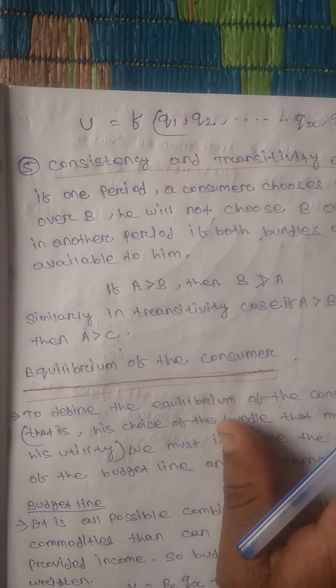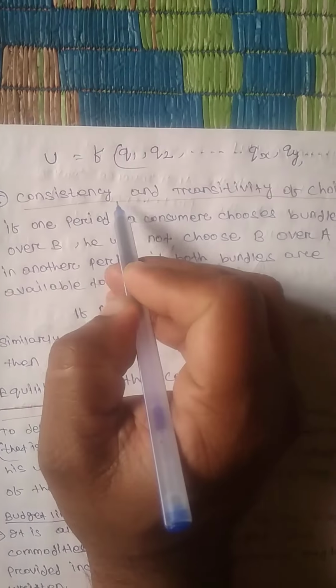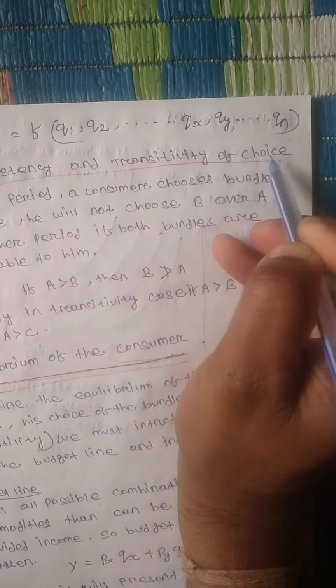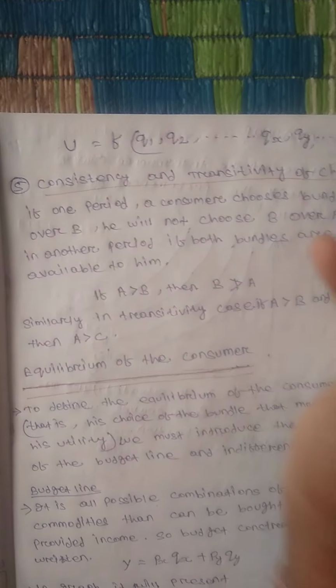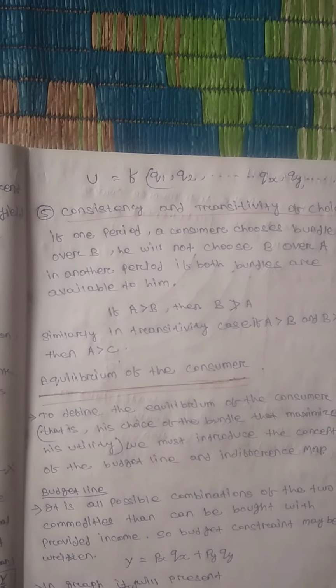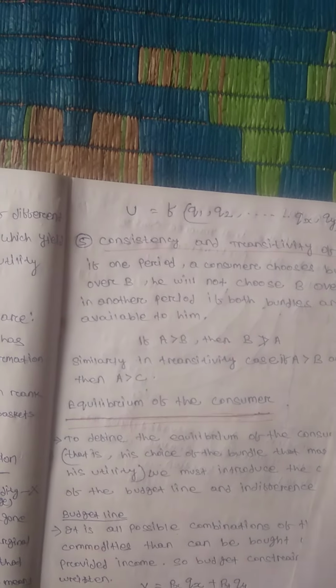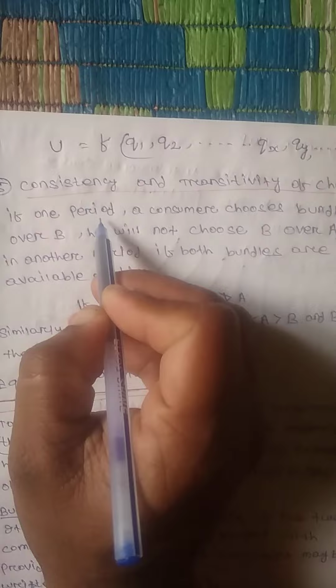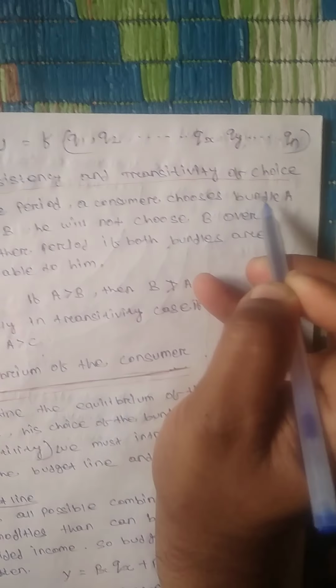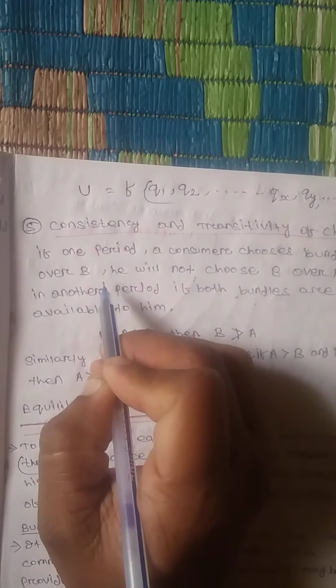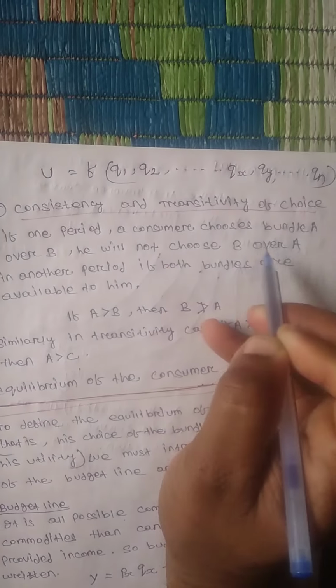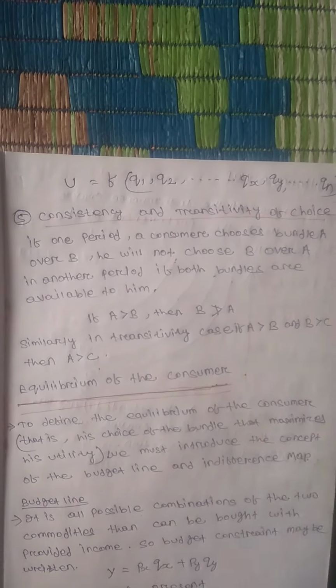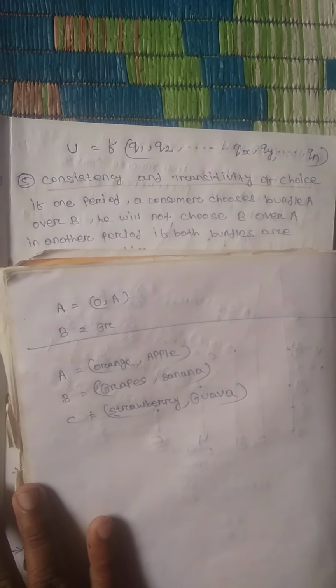The fifth property is about consistency and transitivity of choice. If in one period a consumer chooses bundle A over bundle B, he will not choose B over A. Here we have taken just an example to understand the consistency and transitivity of choice.